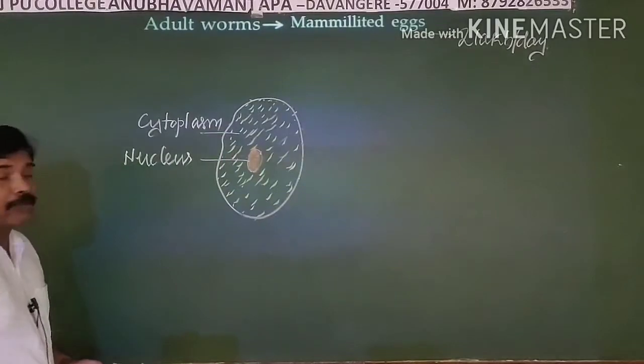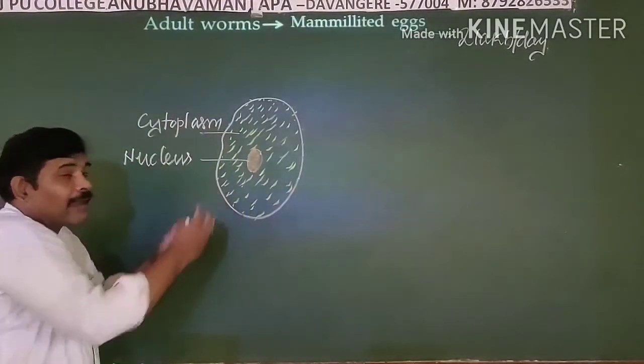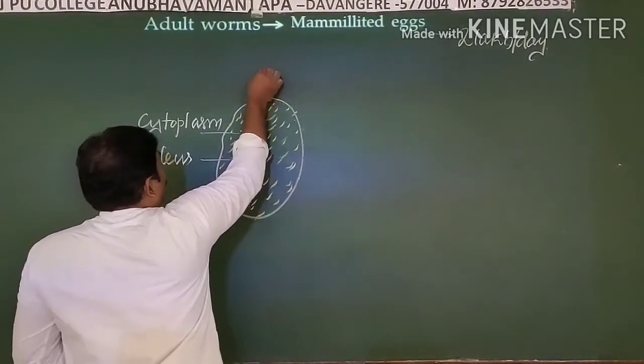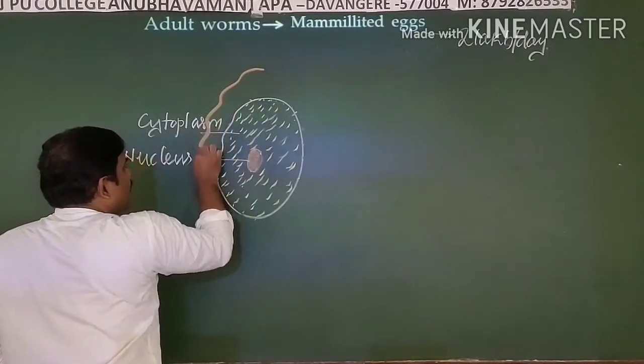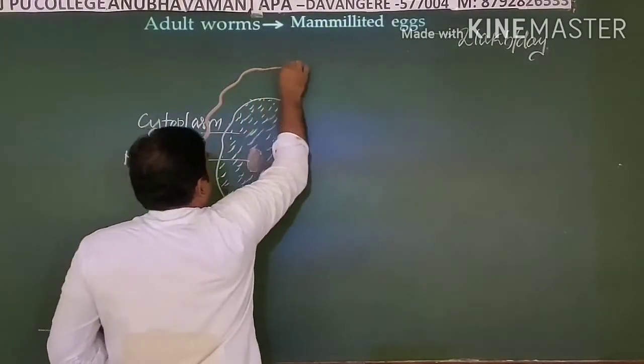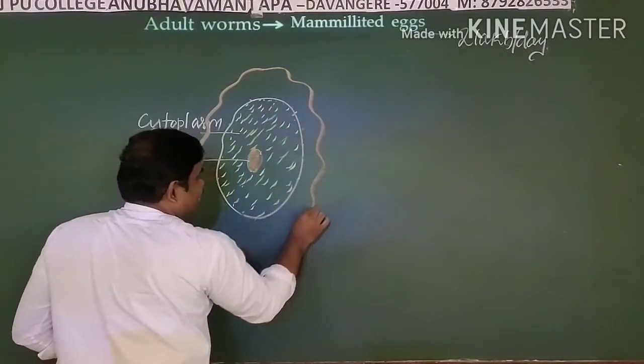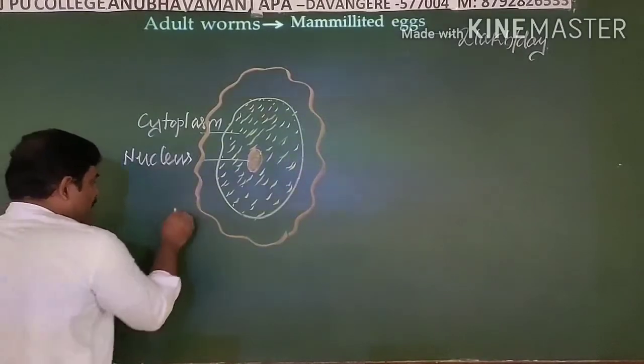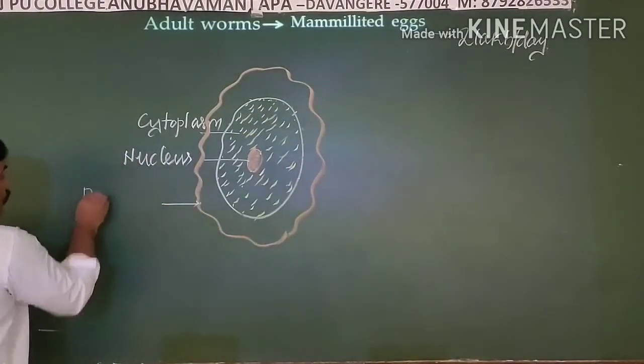A very interesting point related to this: it is covered by three important layers. The outermost layer is a repellent structure, and this outermost layer is a protein coat.